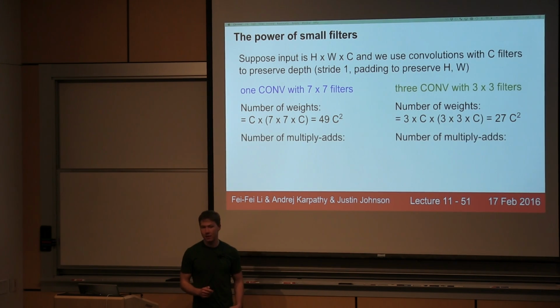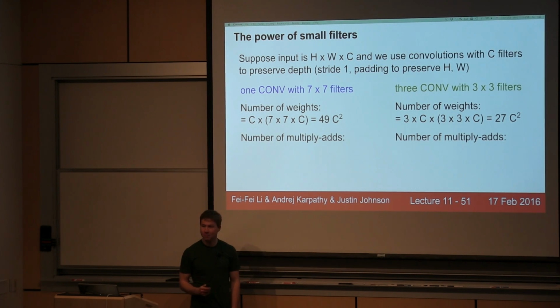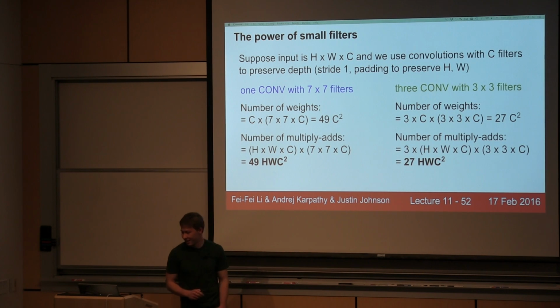We can take this one step further and think about not just the number of learnable parameters, but how many floating point operations these things take. Anyone have a guess for how many operations these two take? Guess not? Sounds hard. Actually this is pretty easy, because each of these filters is used at every position in the image.